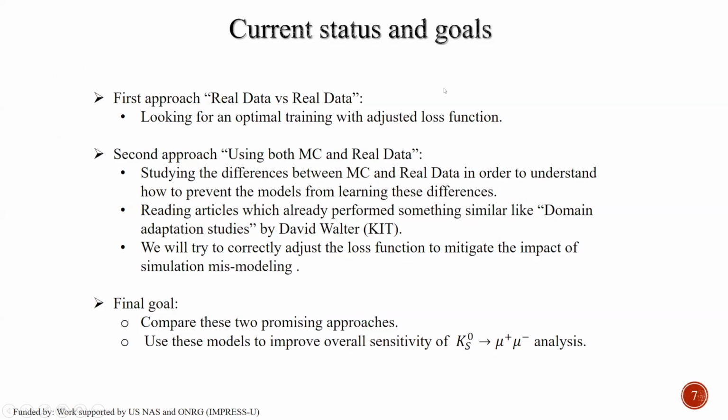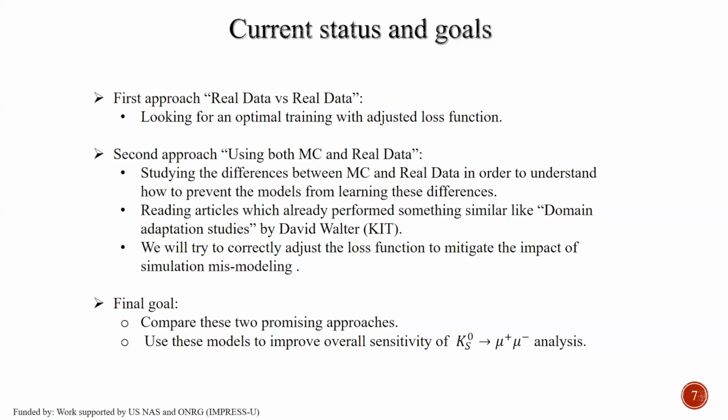Regarding current status and our further goals, we already made progress on the first approach called real data versus real data, and are currently trying to find an optimal training with the adjusted loss function. Regarding the second approach, which uses both Monte Carlo and real data, we are currently studying the differences between Monte Carlo and real data in order to understand how to prevent these models from learning these differences.